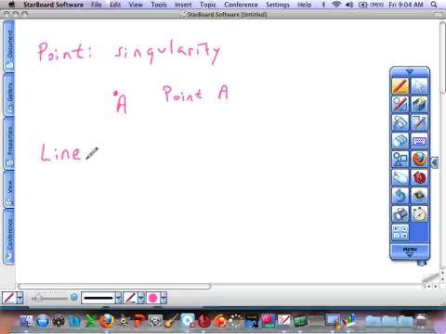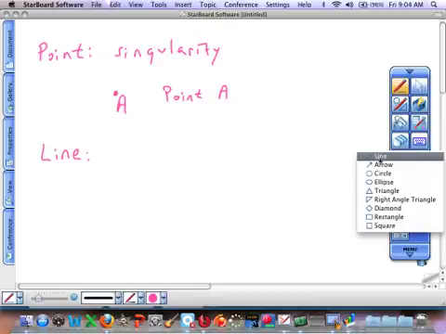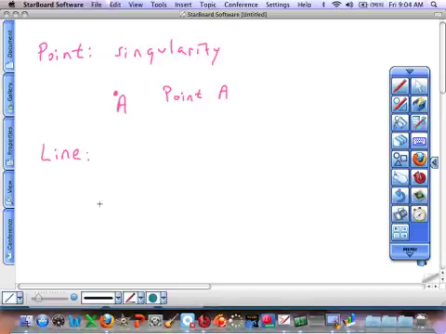How many points does it take to make a line? 2. You need to have at least 2 points in order to construct a line. So think about making that line. Here's our line, and then we naturally say that that line is infinite, so we represent that with 2 little arrows at the end. How many dimensions does a line have?